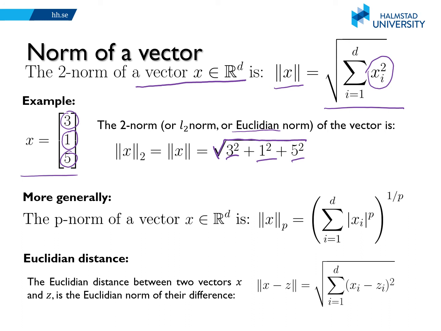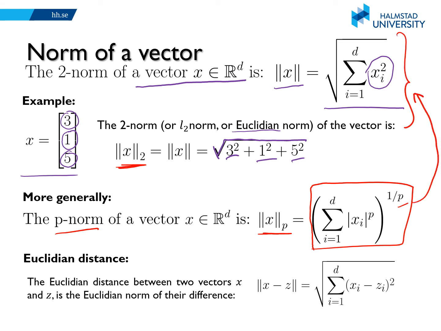More generally, the p-norm of a vector is denoted this way. For example, the 2 norm is denoted like this, and it is computed based on this equation. So if p is equal to 2, then you get exactly this Euclidean norm.